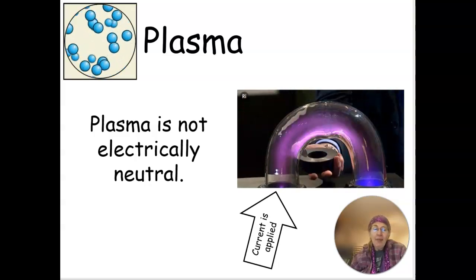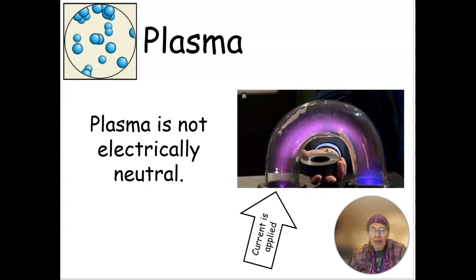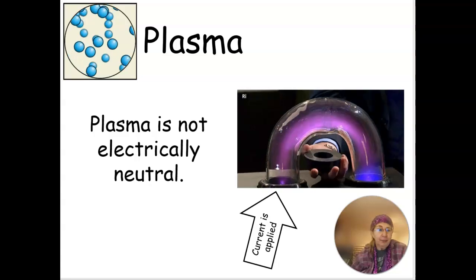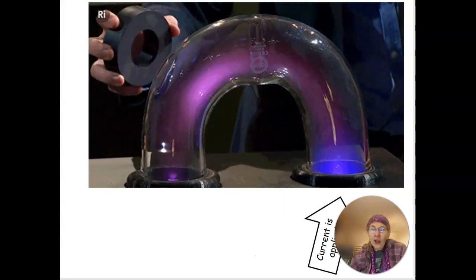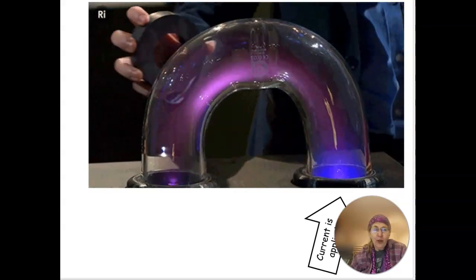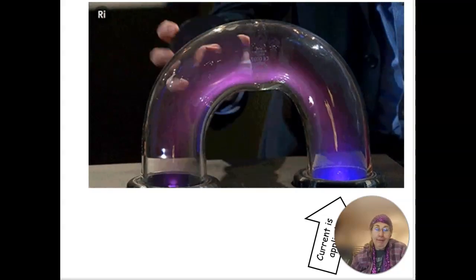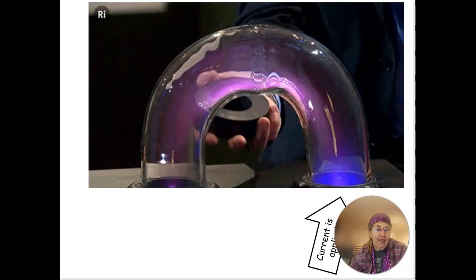So plasma has this current that's being applied to it that charges up that gas. It causes some of the gas molecules to lose electrons. So we apply that current and it causes those gas molecules to lose those electrons, which changes the gas inside of this tube from just being gas to being plasma because it's charged with those negative electrons.